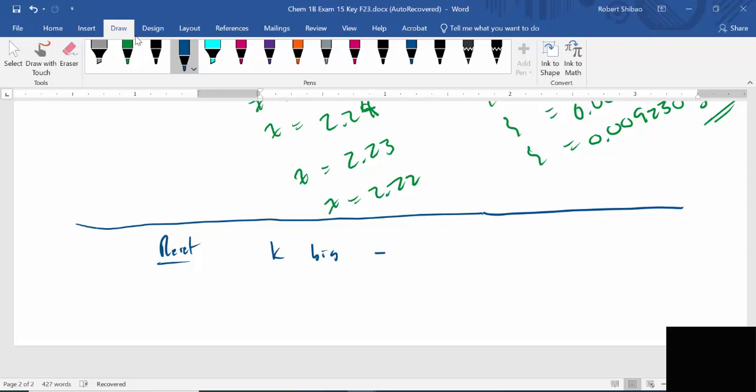Reset. If K is big, reset right. If K is small, reset left.